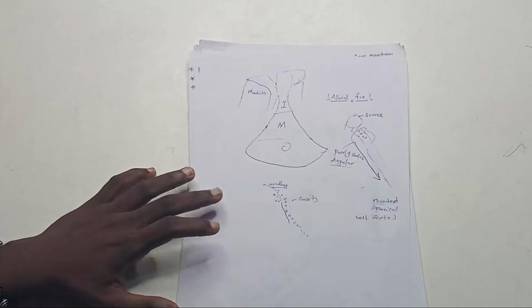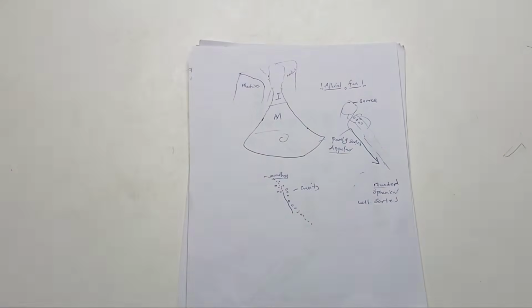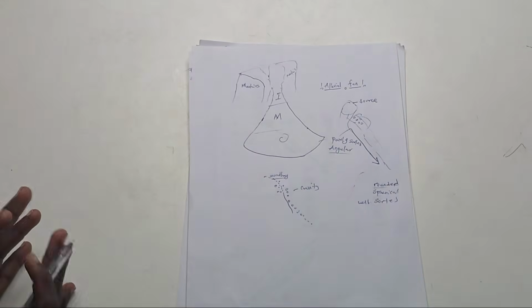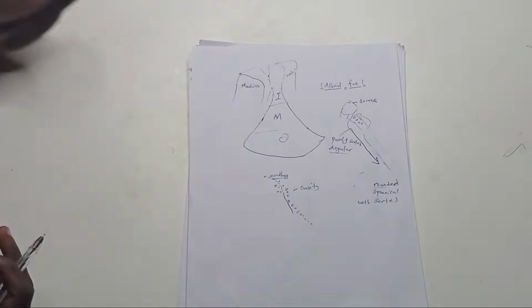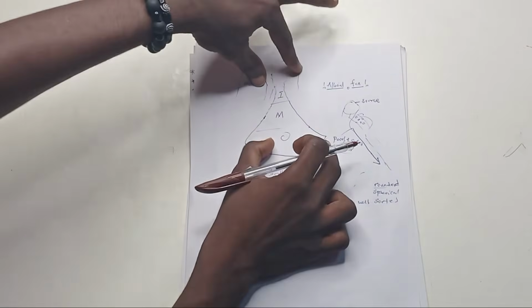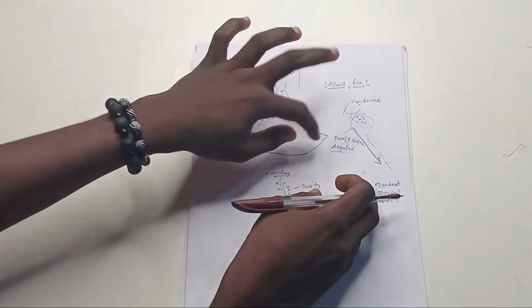So the textural maturity and the mineralogical maturity of the alluvial fan is generally immature. Since the alluvial fan is formed near the source, the sediment has not journeyed so far, right?